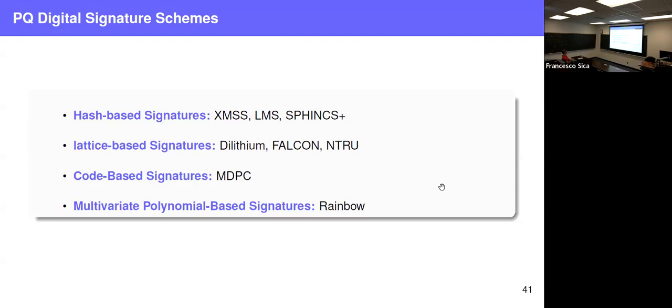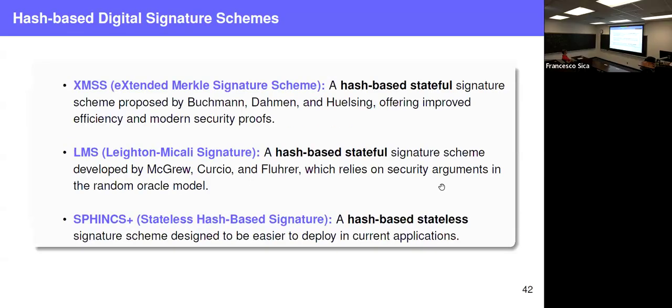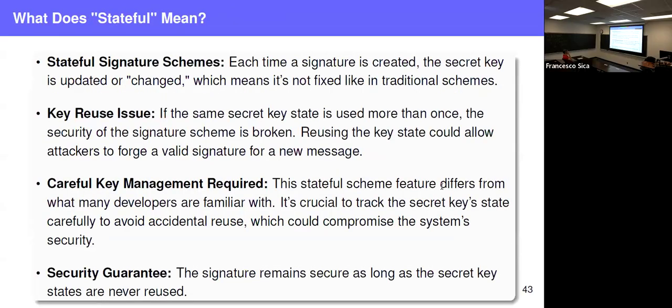Now we are focusing on XMSS, which is a stateful scheme. LMS and XMSS are both stateful schemes, but SPHINCS is a stateless scheme.